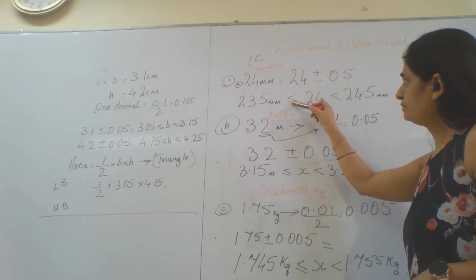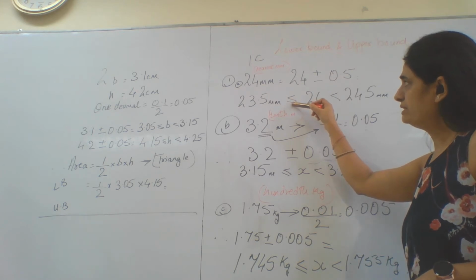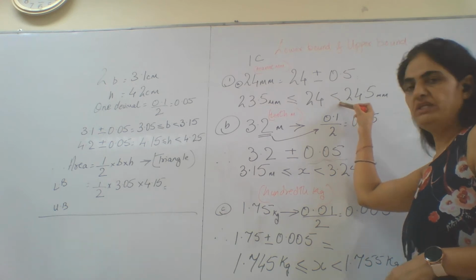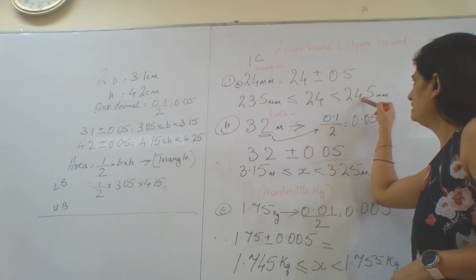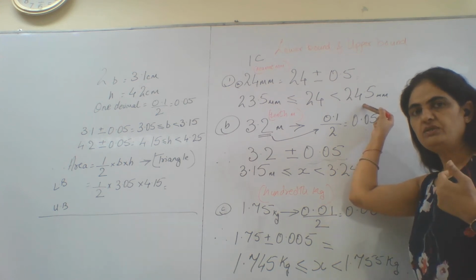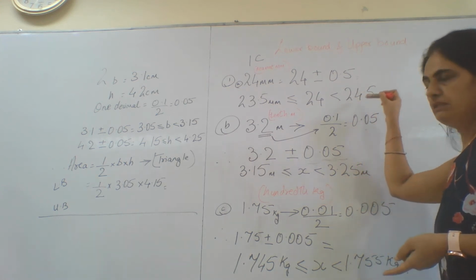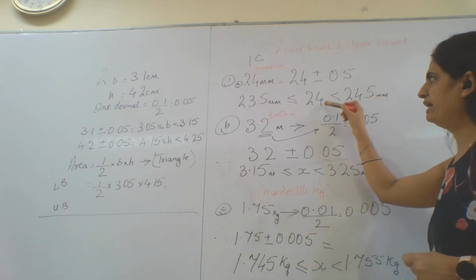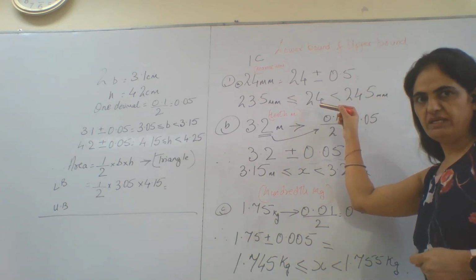Here is an equal to sign, but you don't have to put an equal to sign for the upper bound, because this number 24.5, if I round up, becomes 25. So it has to be lower than 24.5 to give me a 24 when I round.